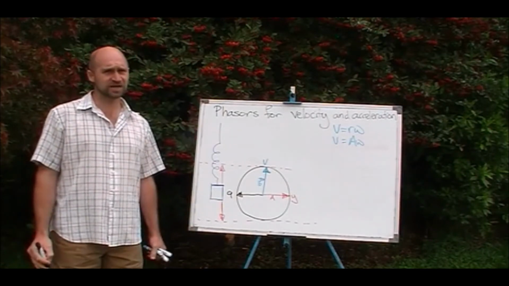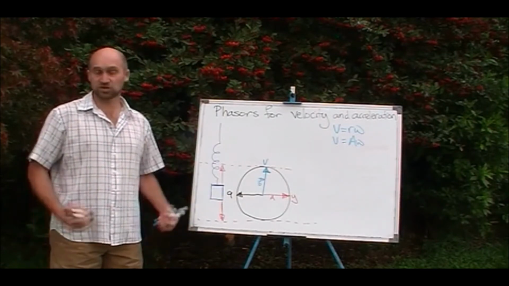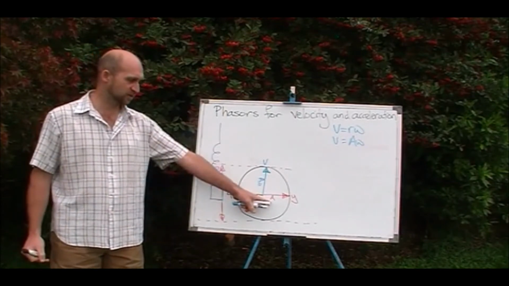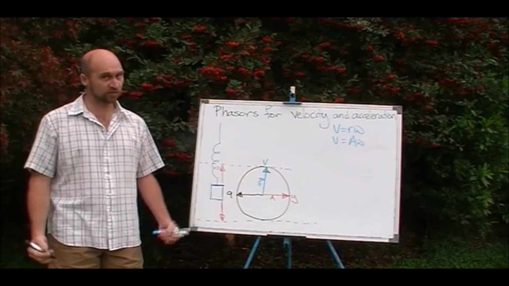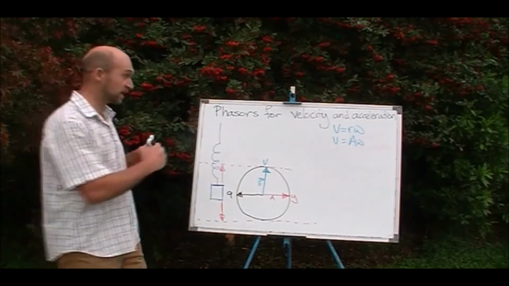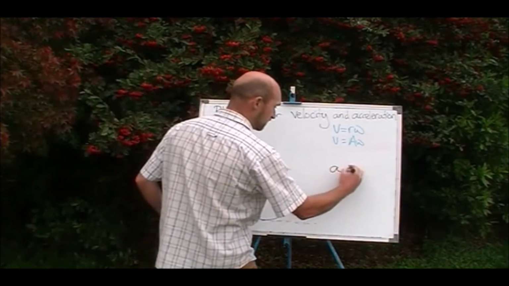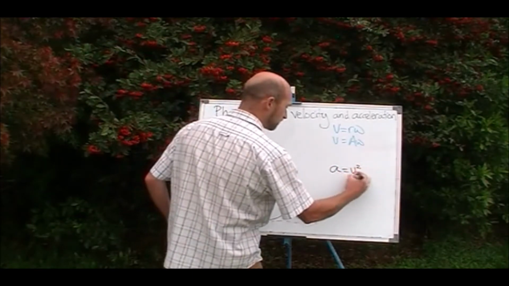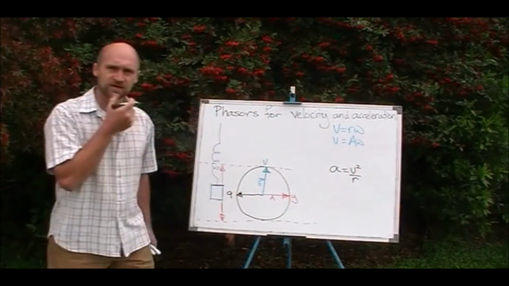And how big is that phasor? It's not the same unit as displacement or velocity, it's acceleration. Acceleration, circular motion. Oh yeah, a is v squared over r. v squared.